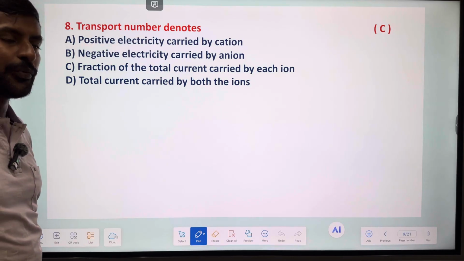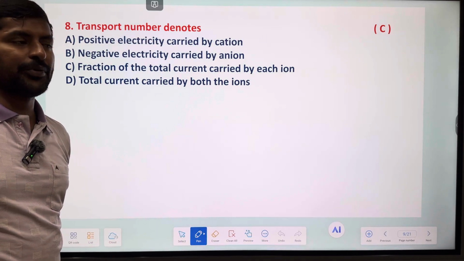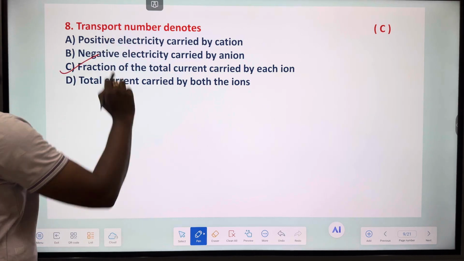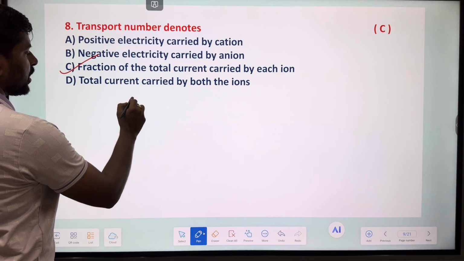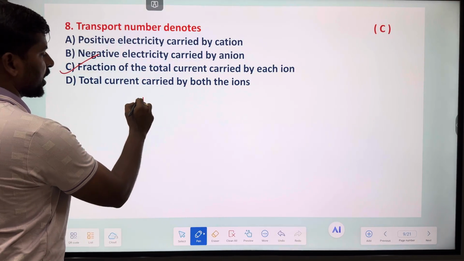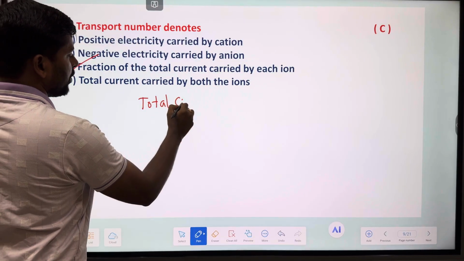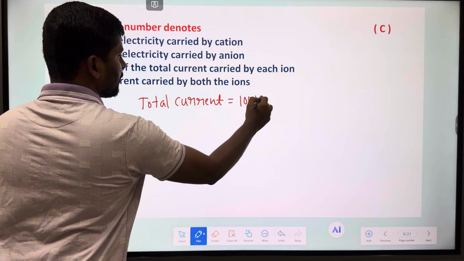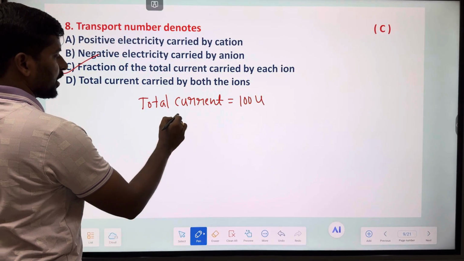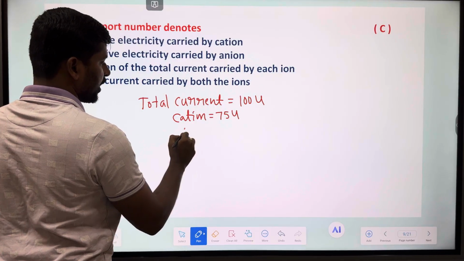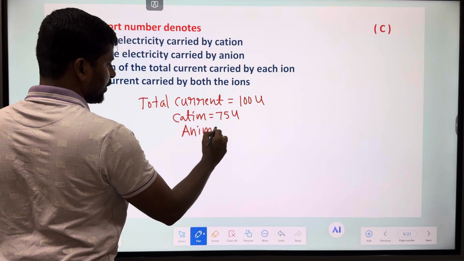Transport number determines what? Transport number or transference number or Hittorf numbers. That determines what? Fraction of the total current carried by each ion. So total current carried by an electrolyte solution, total current means current carried by cation and anion. For example, 100 units. In that current carried by cation is 75 units. Current carried by anion is remaining, that is 25 units.